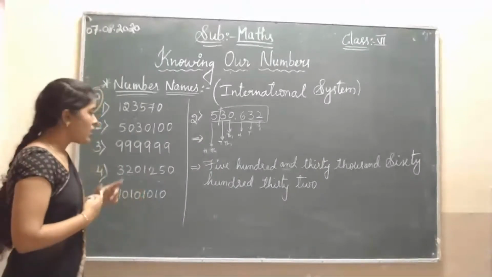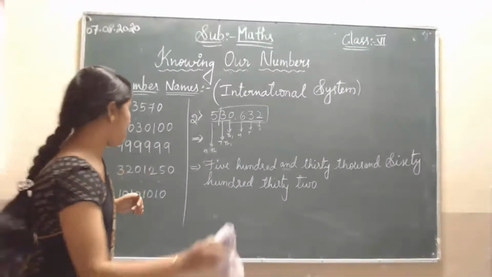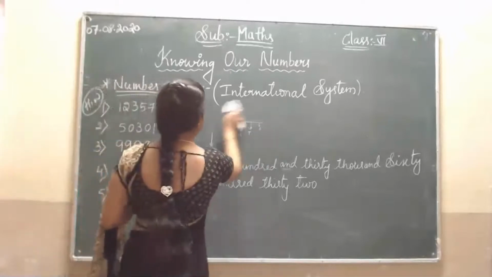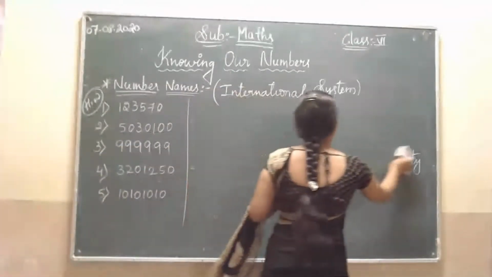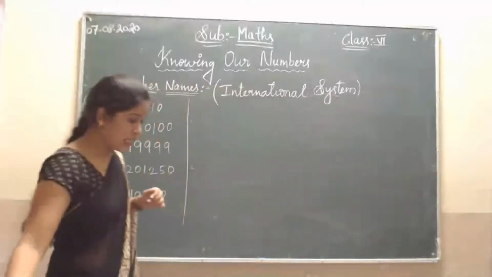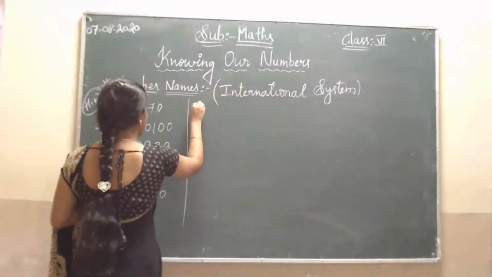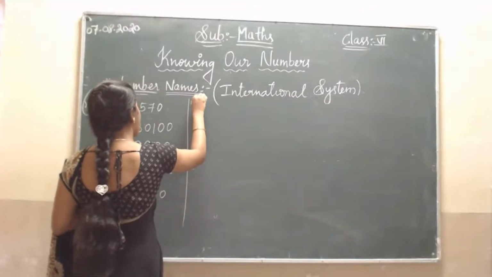Okay. Now take homework for the international system. Write names in the international system. Take here also 5 examples.